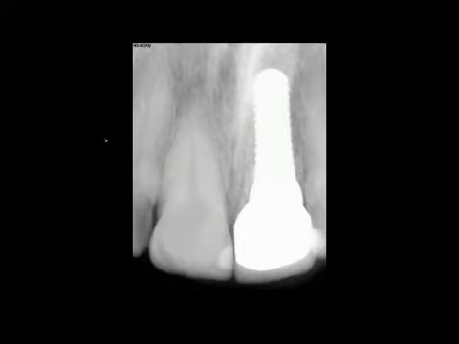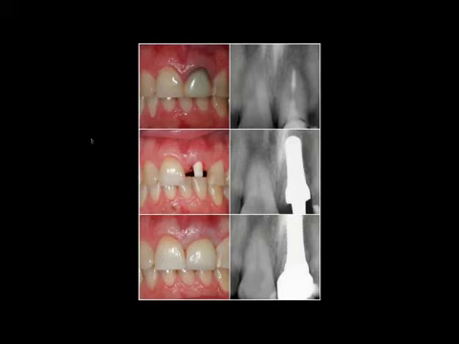This happens to be actually a zirconia crown, which is why you see that white through it. But you can see how continuous that emergence profile is with the tooth. And this is what we look at from the case preoperatively and postoperatively. And we maintain their soft tissue, and we can expect that soft tissue to stay there long term.